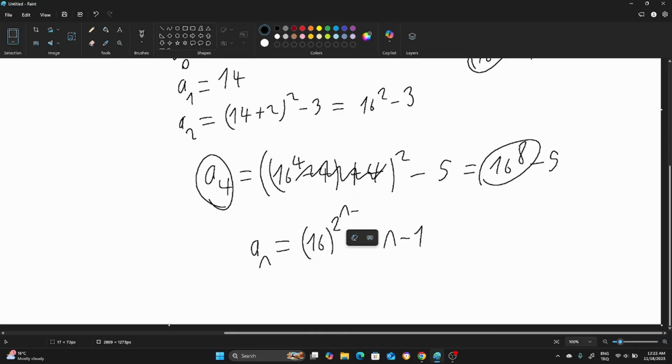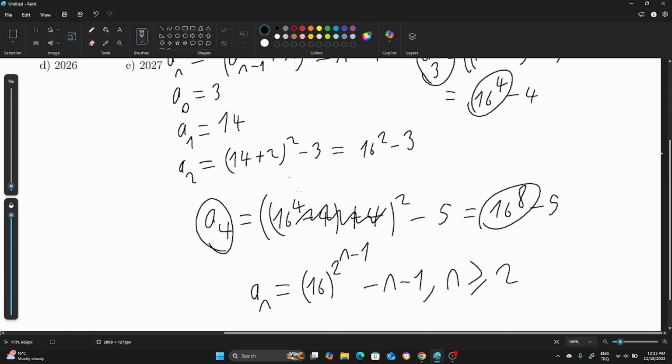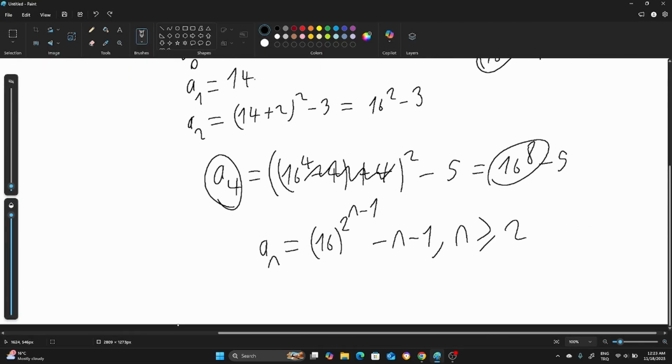Sorry about that. Yeah. And this is valid for n greater than or equal to 2. Because if we plug 1, we can easily see that it doesn't work. Cool.